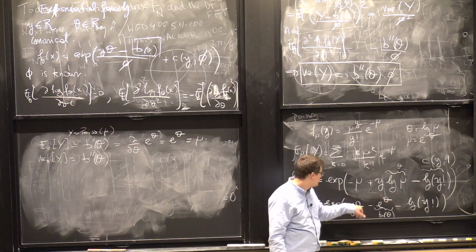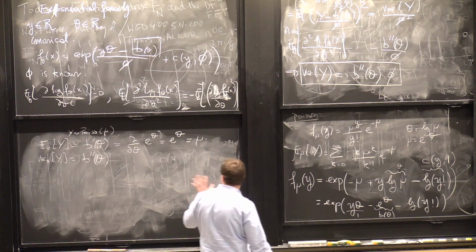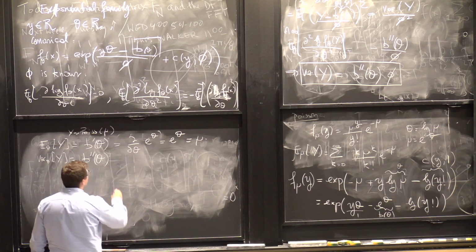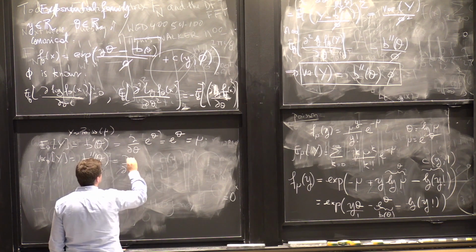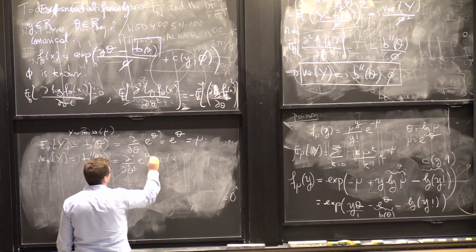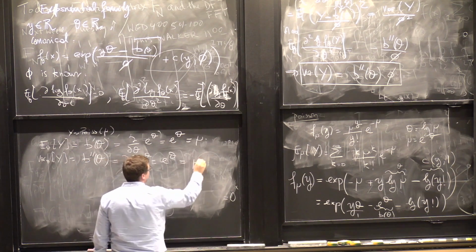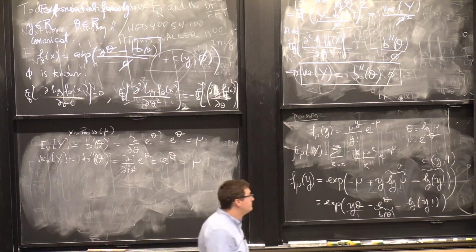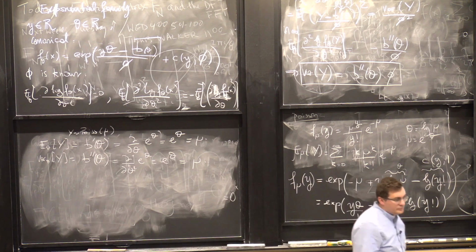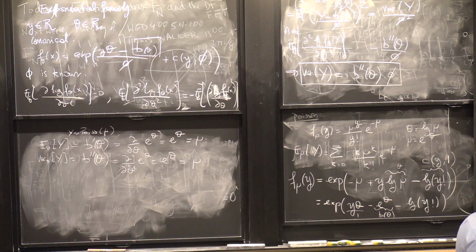If I absorb phi here, I would see it divided here, so it would not make any difference. And what is the second derivative of the exponential? It's still the exponential, so it's still equal to mu. That certainly makes our life easier.